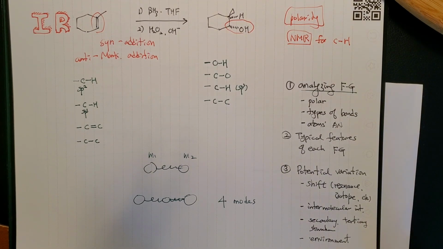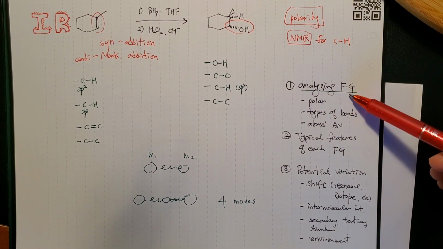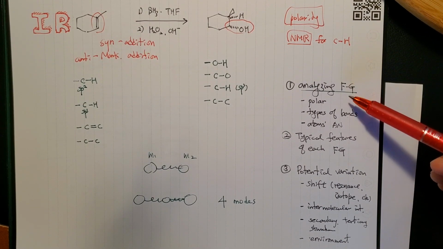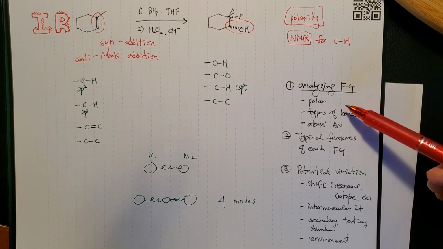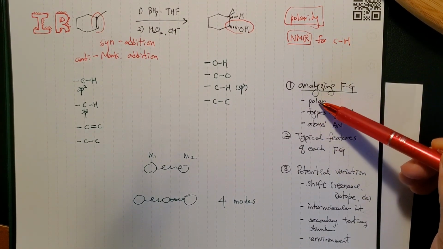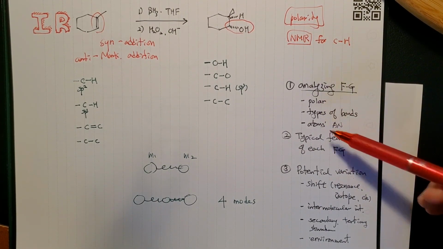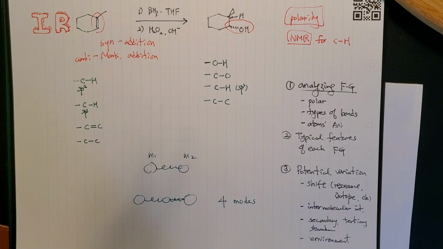In order to use IR, first you have to analyze the functional group during the changes that you are observing, or the structure you are looking at. And you check the polarity, types of bonds, their atomic numbers, and so on. Those are changing the signals on the x-axis and y-axis and their shape.